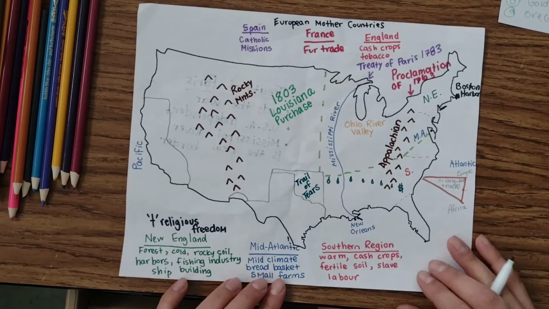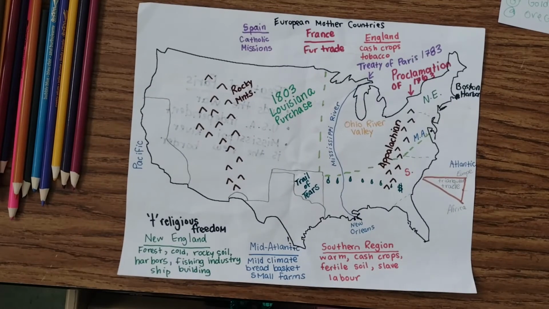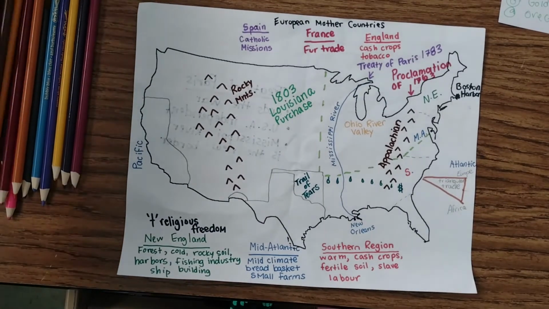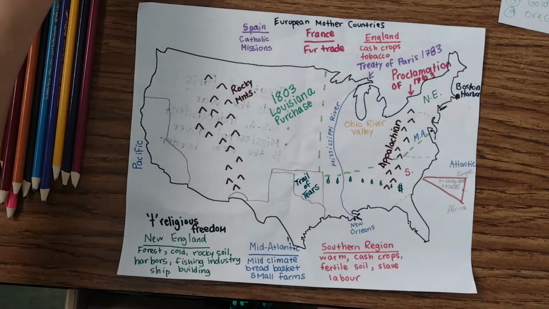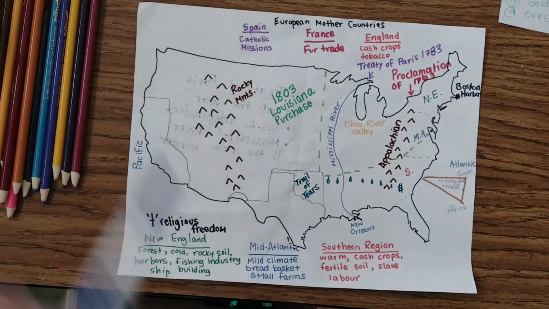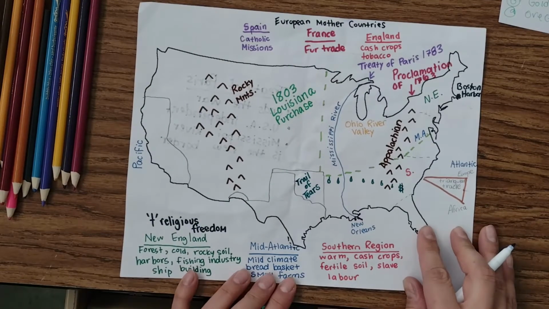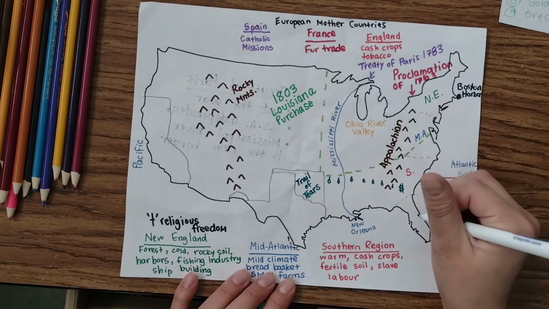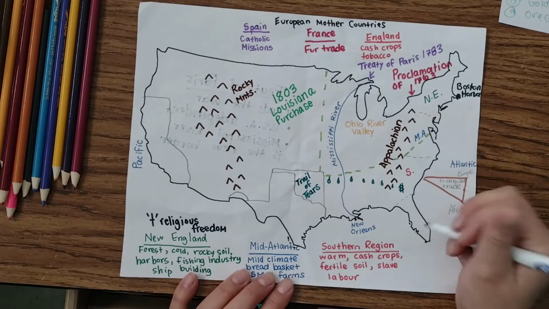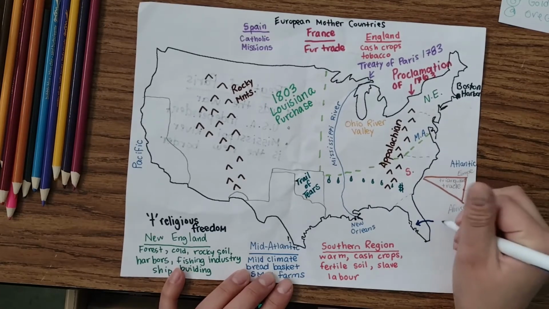All right, let's move on to Florida, the territory that Spain gives up because it's just too hard to manage. It's far away from the rest of the Spanish territory at the time. So I'm going to write it with an arrow. I think it's a little bit easier.